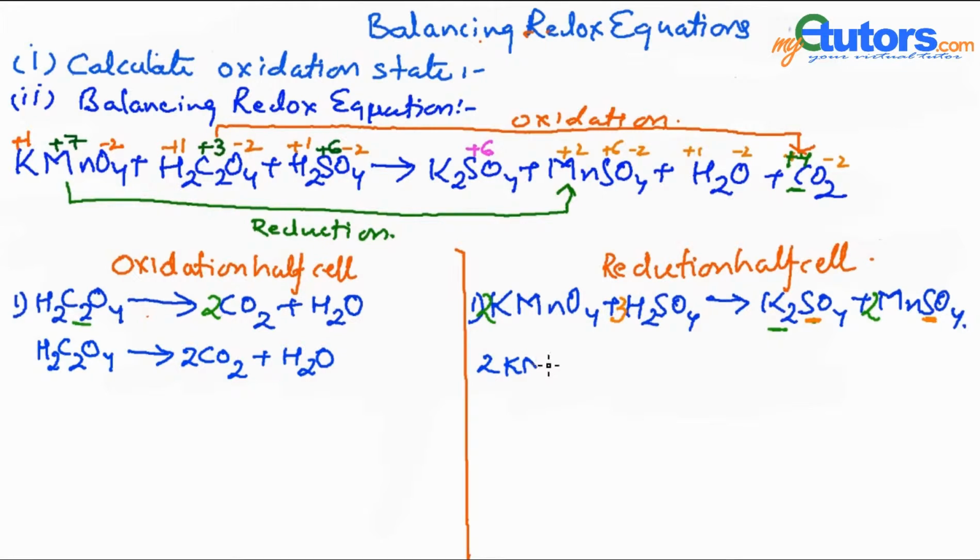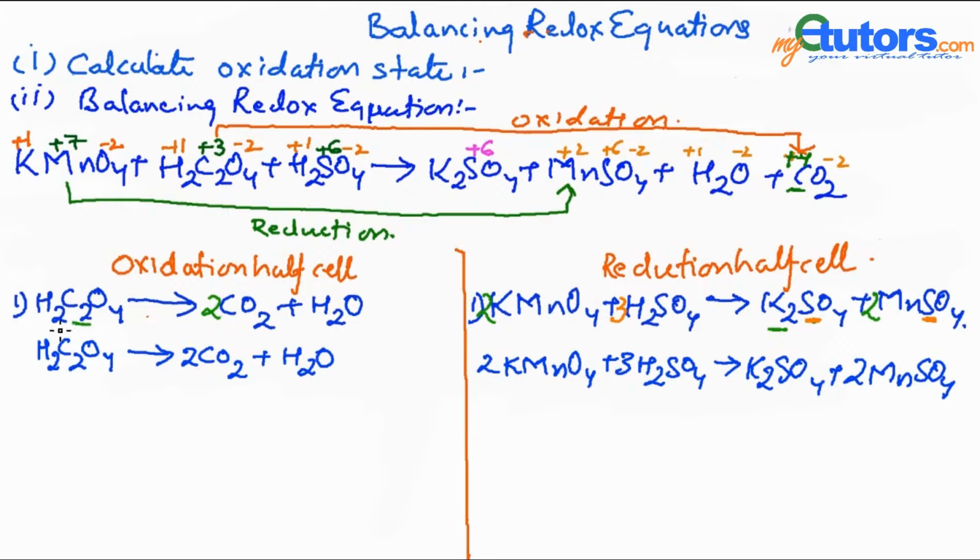Similarly, in the reduction half cell, in the product potassium sulfate, 2 potassiums are present, so we multiply potassium permanganate by 2, so accordingly manganese is multiplied by 2 on the product side, and to balance the sulfate ions we have to multiply sulfuric acid by 3, so the equation is balanced.